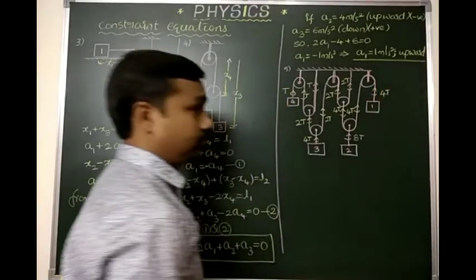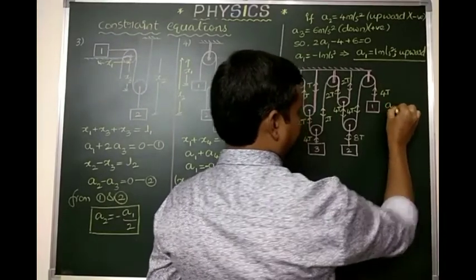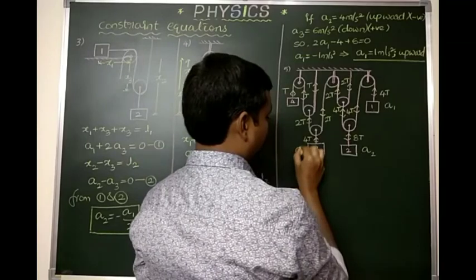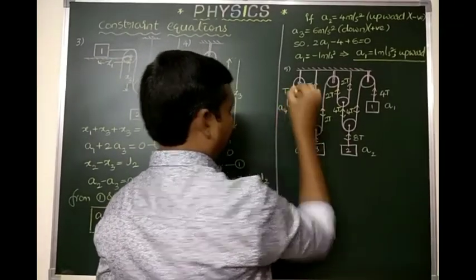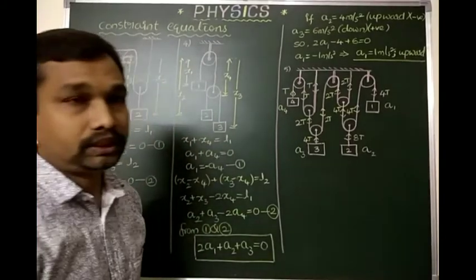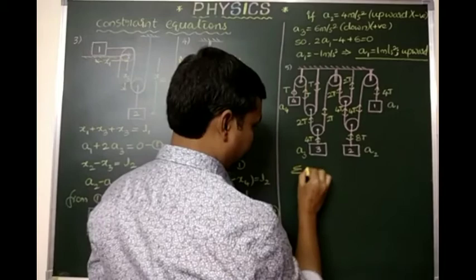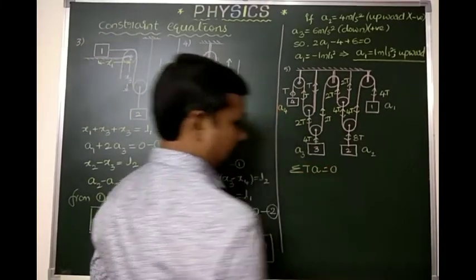Here this is also the same string, so we'll get 4T again. This is the block where we are considering accelerations A1, A2, A3, and A4. So according to the relation, summation of tension into acceleration equals 0.